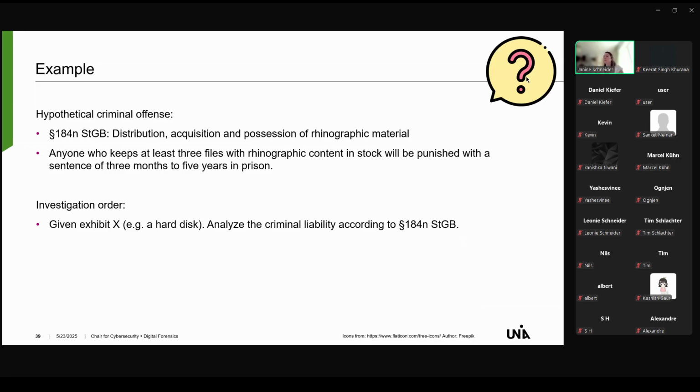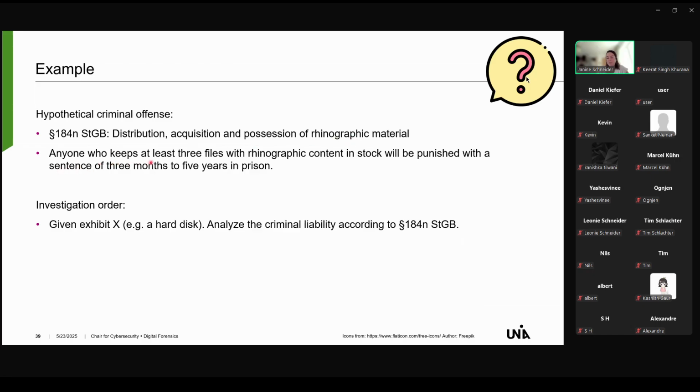Okay, let's talk about investigative orders very quickly. Here you have an example of a hypothetical criminal offense. The criminal offense is some article in the StGB, and it says that the distribution, acquisition, and possession of pornographic material is not allowed.